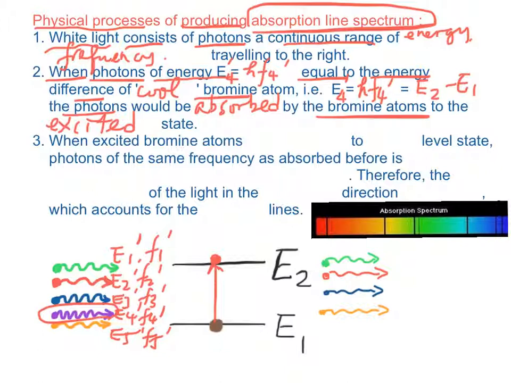Hence, only the photons of frequency f1, f2, f3, and f5 can pass through the bromine atoms and travel in the original directions.